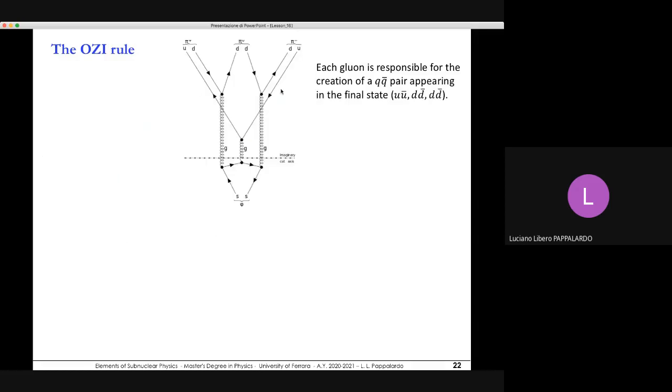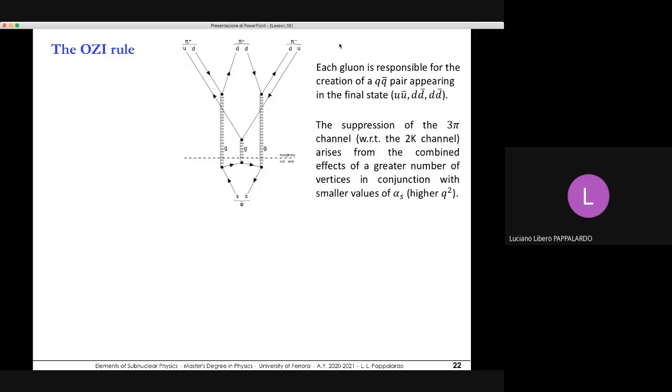So we can now represent the decay in this way. We have these three gluons exchanged, and each gluon is responsible for the creation of a quark-antiquark pair in the final state: u ū, d d̄, and so on. And at the end, you get the pi plus, pi 0, and pi minus. Now, the suppression of the 3 pion channel with respect to the 2 kaon channel arises from the combined effect of a greater number of vertices.